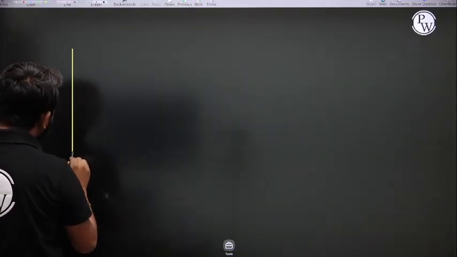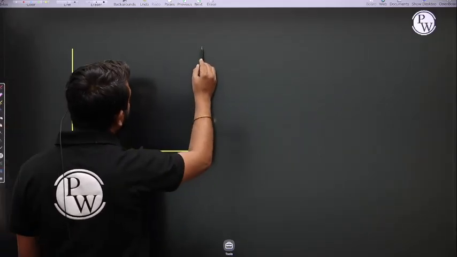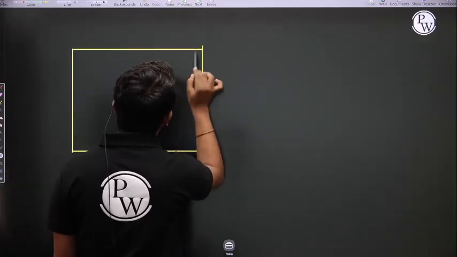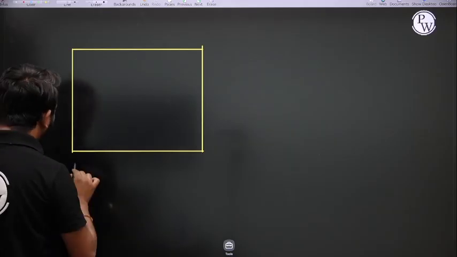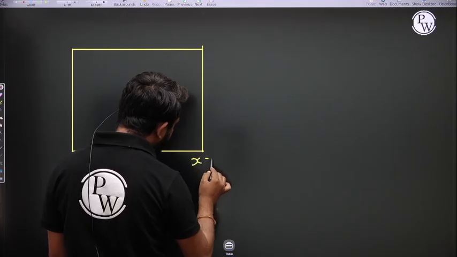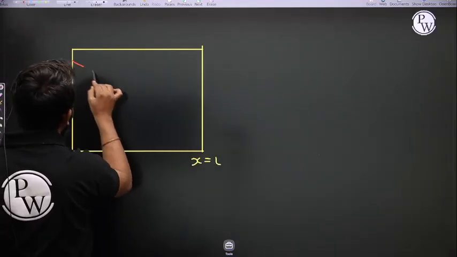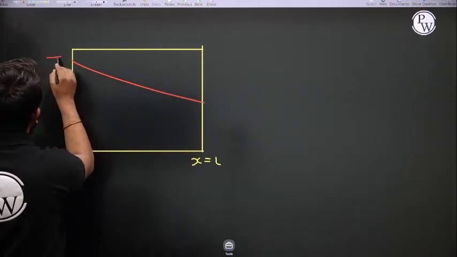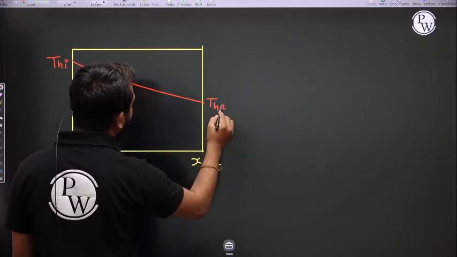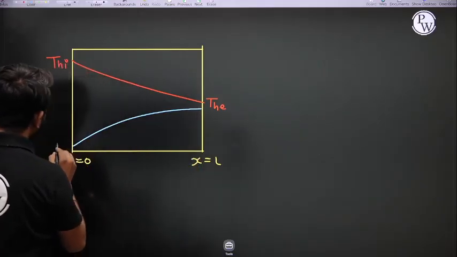If I draw the temperature variation of the hot fluid and the cold fluid, this is x equal to 0, this is x equal to L. This is the temperature drop of the hot fluid, and this is the temperature increase of the cold fluid.